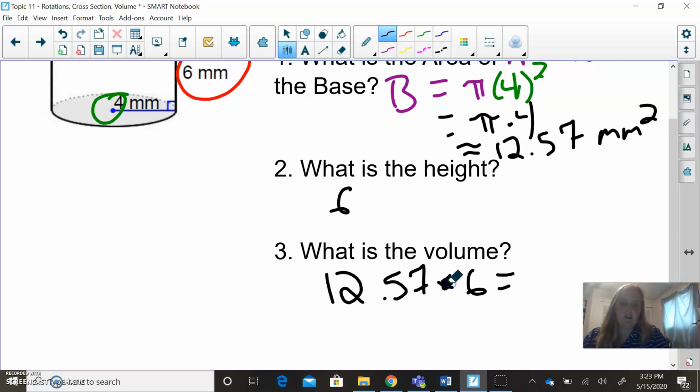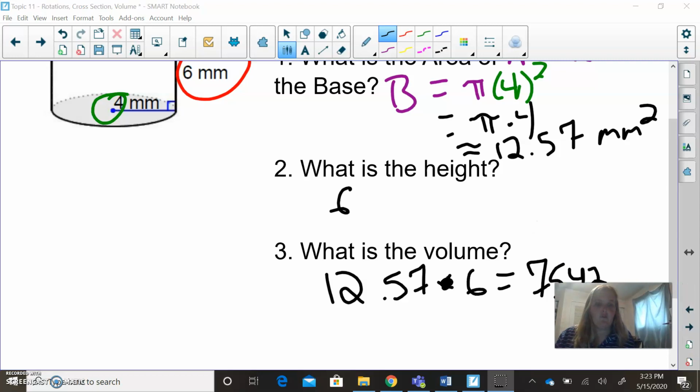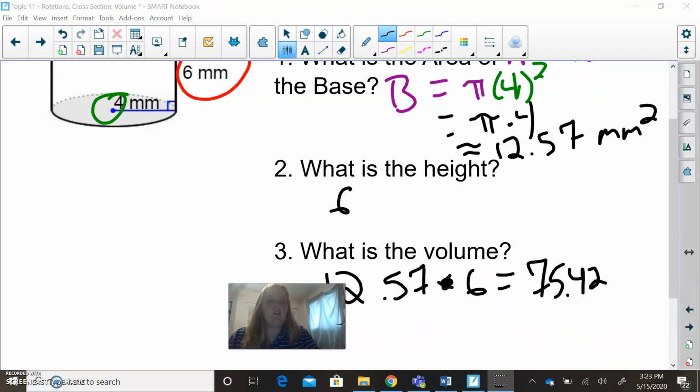And I'll use a dot. 12.57 times 6, and that is 75.42 millimeters cubed. Okay, don't forget the millimeters cubed part. Millimeters cubed. Not squared, but cubed.